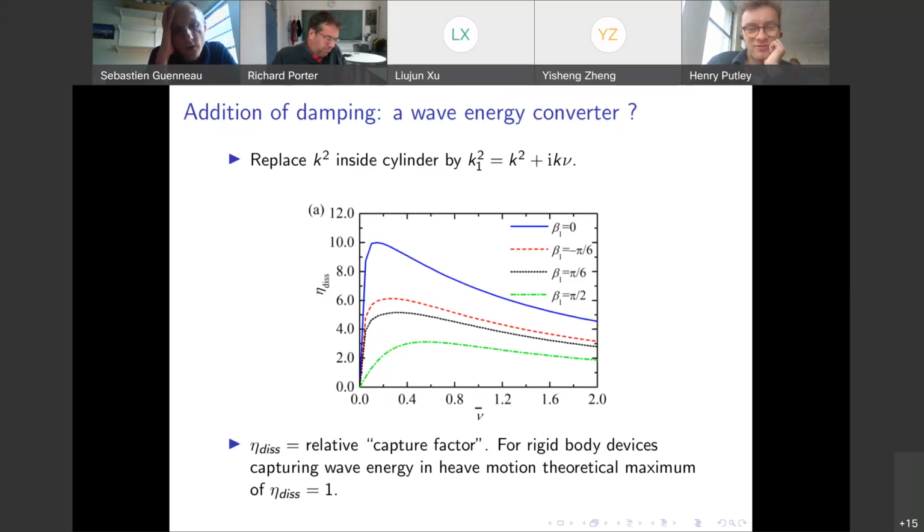Then, following the question of Henry, I mean, so you reach convergence for a given dissipation, but your convergence is not so robust with respect to dissipation, or is it?